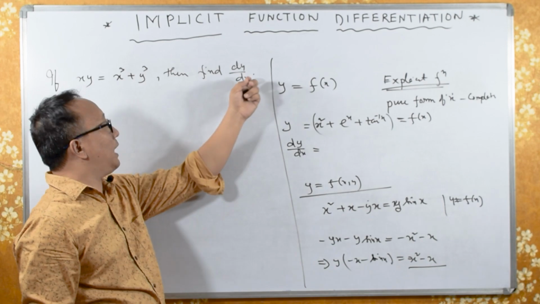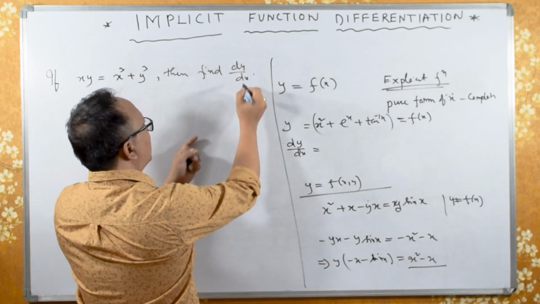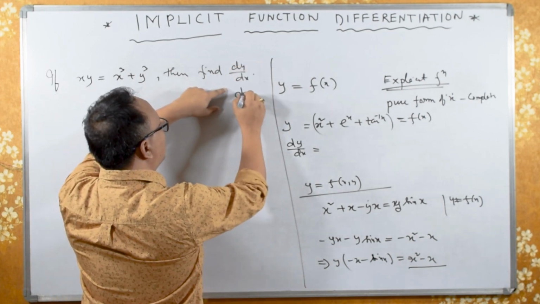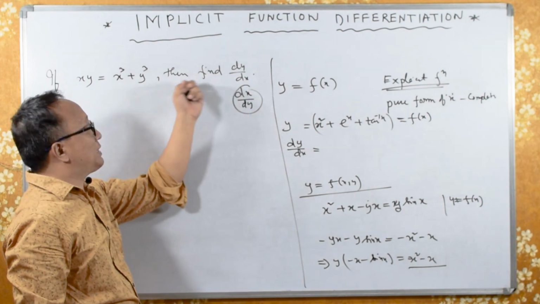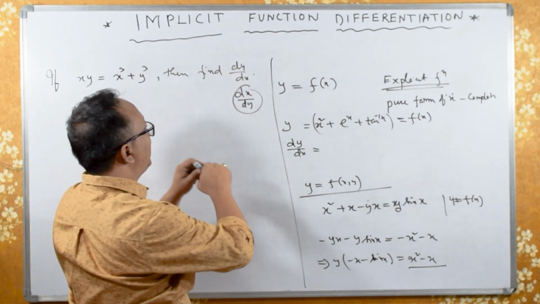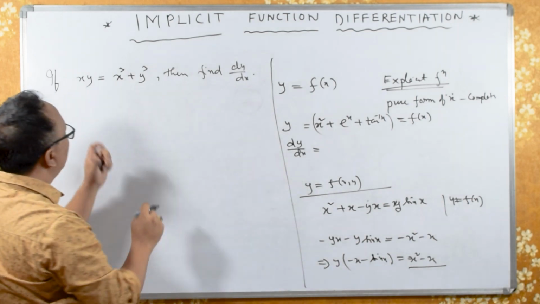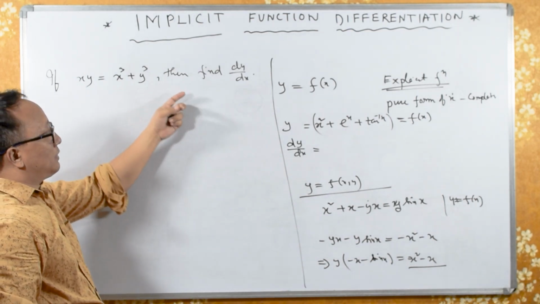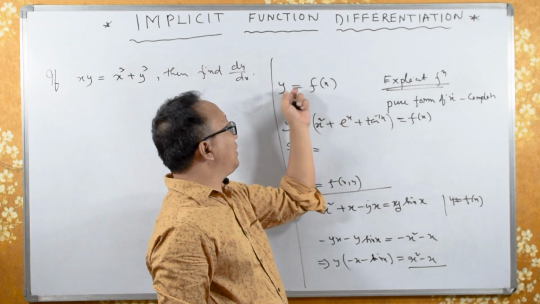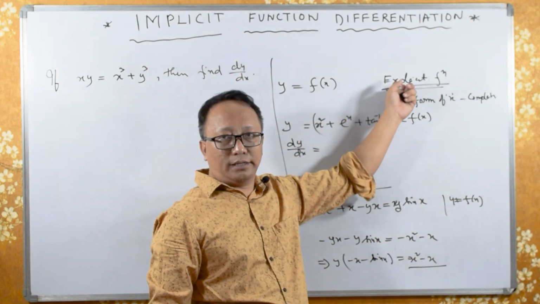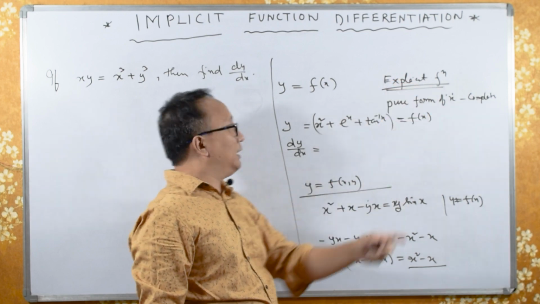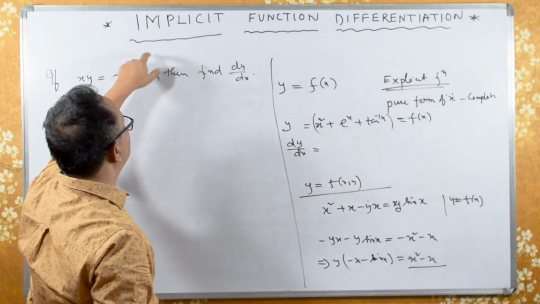Sometimes they may ask dx by dy also, so be careful what they are asking. Here they are asking to find dy by dx. Let's try to express whether y is completely a function of x. If it is possible, then that's explicit, otherwise it is implicit.